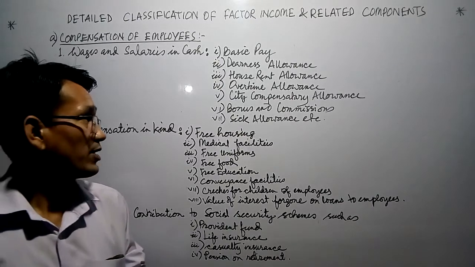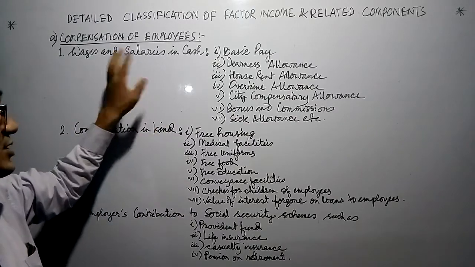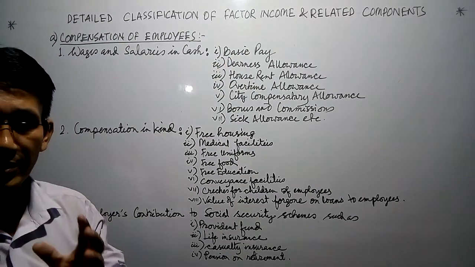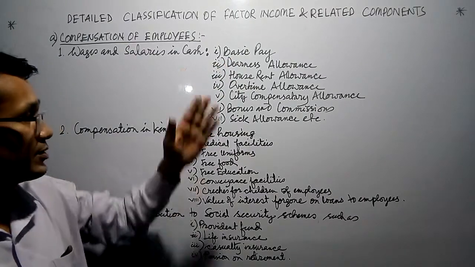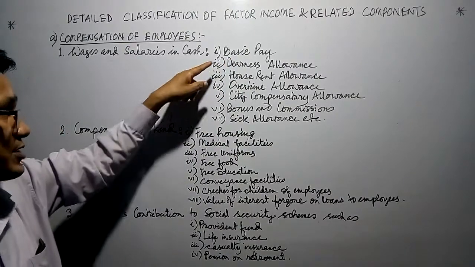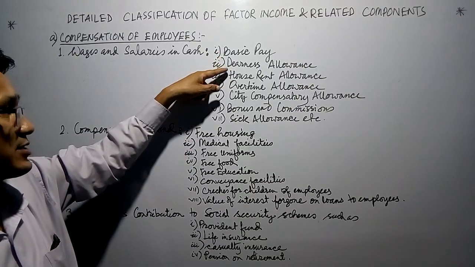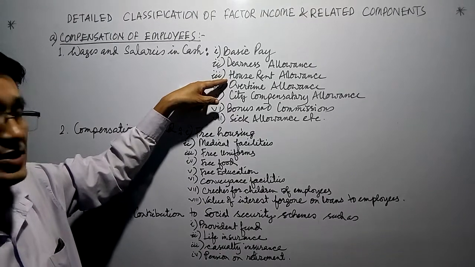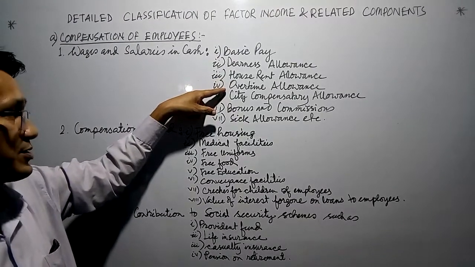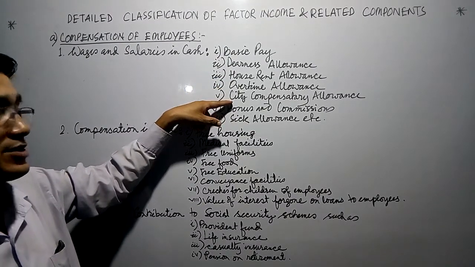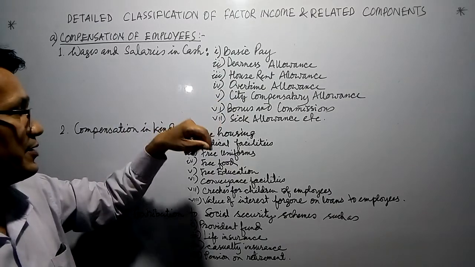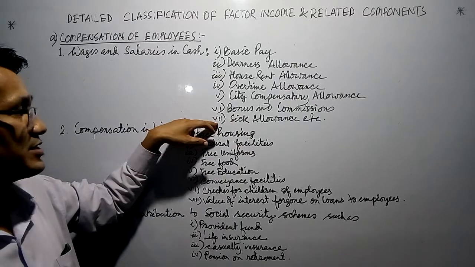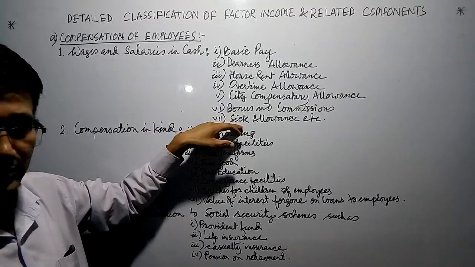Let us see them one by one. Under the wages and salaries head, we have the basic pay. The total pay of an employee is composed of components like basic pay, dearness allowance (DA), house rent allowance (HRA), overtime allowances, city compensatory allowance (CCA), bonus and commissions, which are paid from time to time, and sick allowances are also given.